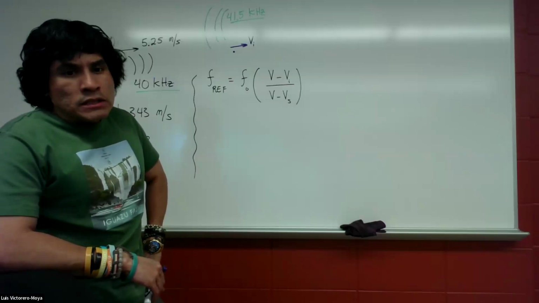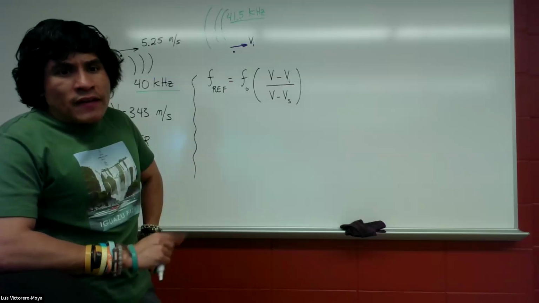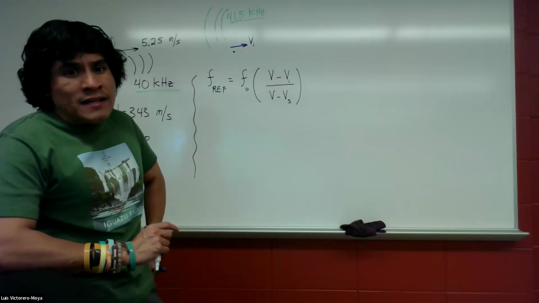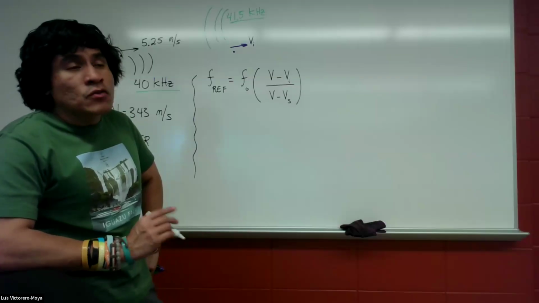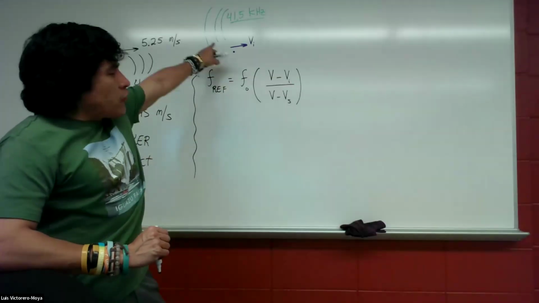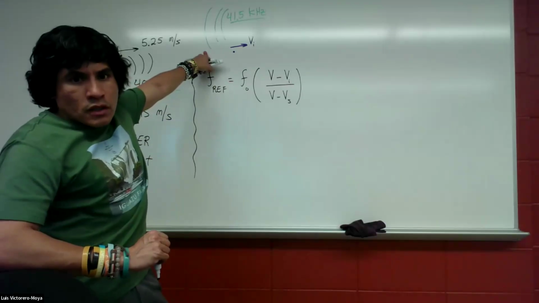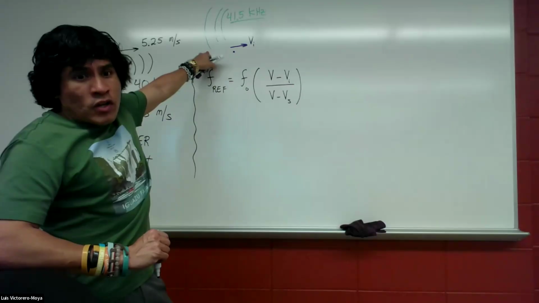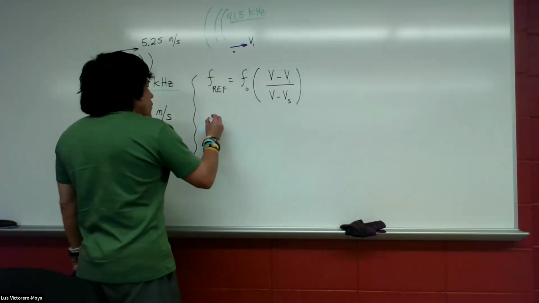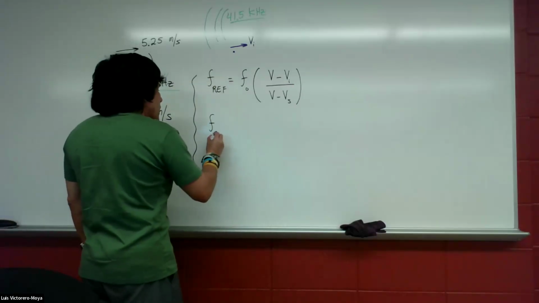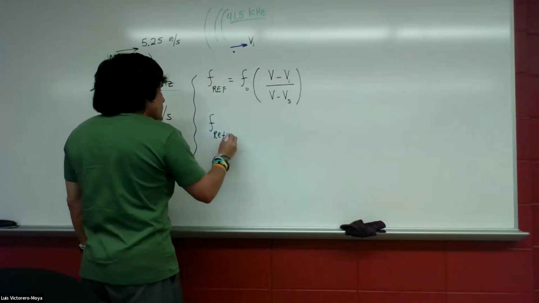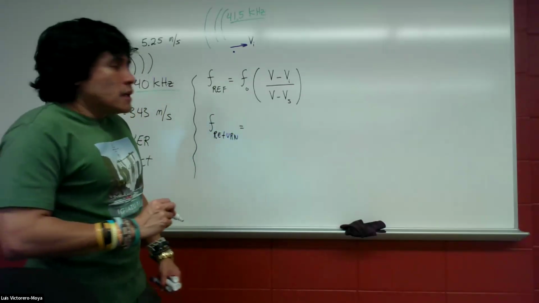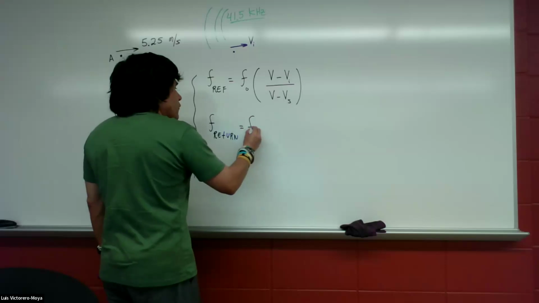All right. So then there is a second step where the insect is acting as the sound source because of the reflection. So you're going to have a situation where you have to calculate the returned frequency, F return. The F return is the reflected frequency.